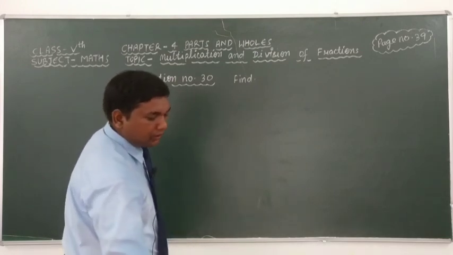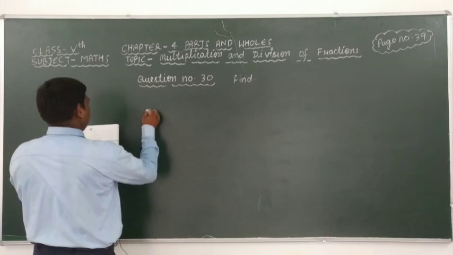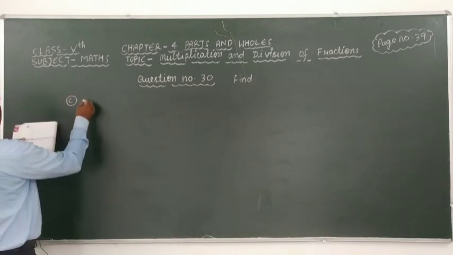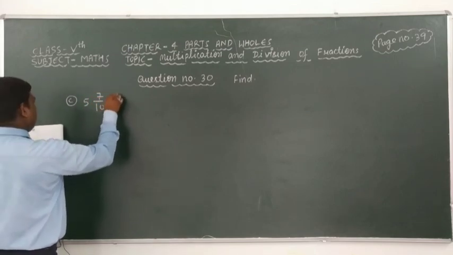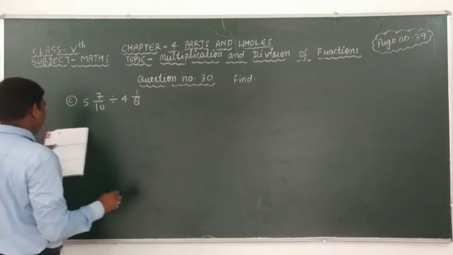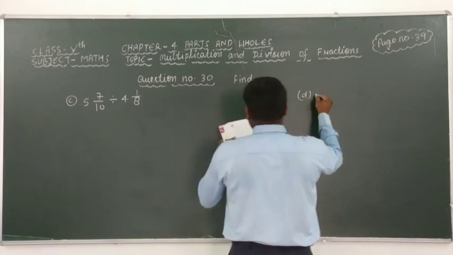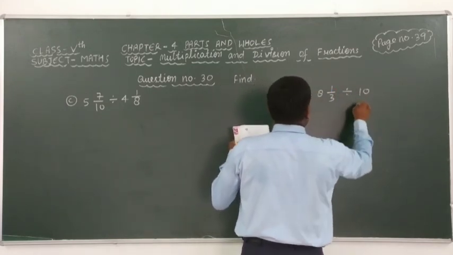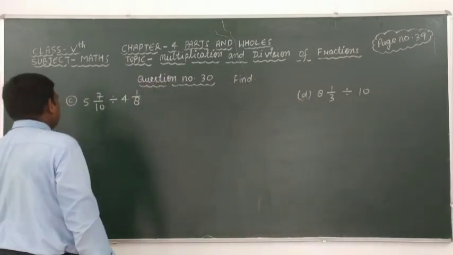Okay. Now let's start question number 30 of C. Here given that 5 mixed 7 over 10 divided by 4 mixed 1 over 8. Question number D. Here given that 8 mixed 1 over 3 divided by 10 by 1. Okay, students, look at here carefully.